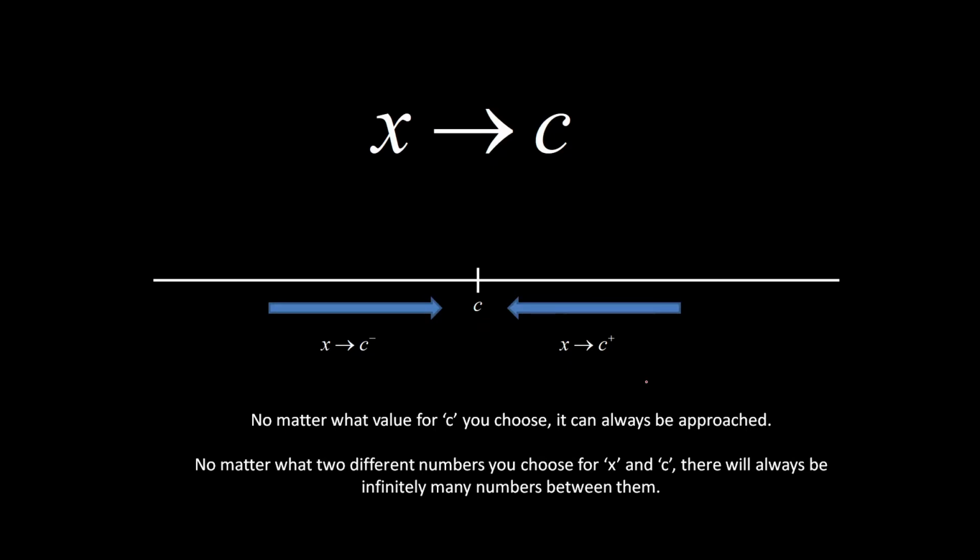No matter what two different numbers you choose for x and c, there are always infinitely many numbers between them. And so what this means is that x approaching c is always guaranteed. Whatever number you choose for c, we can always approach it. And so this is guaranteed, something we can always do.